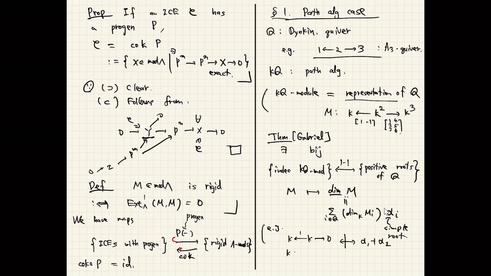And for example, alpha 1 plus alpha 2 plus alpha 3 corresponds to this. So Gabriel's theorem gives a connection between the representation theory of the quiver and the theory of the root system of Q.